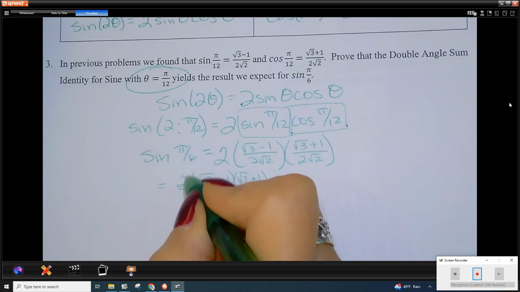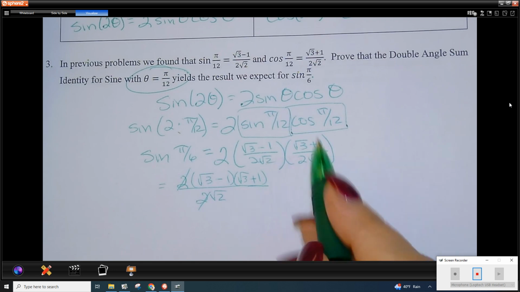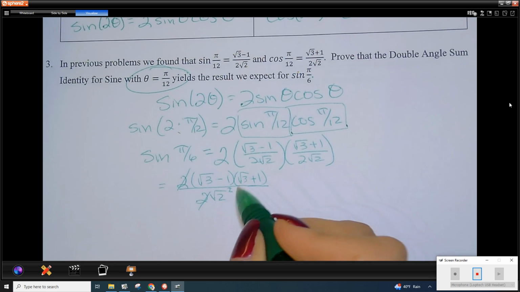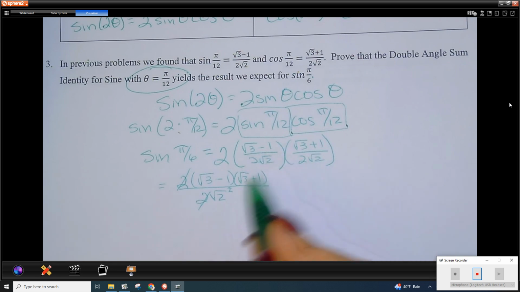Your 2's cancel. When you multiply this by itself, that's squared, so that becomes 4. Okay, so square root of 2 times square root of 2. We're not adding, so we shouldn't have just one denominator. We're multiplying this times this.